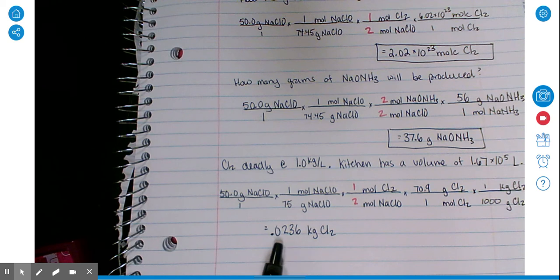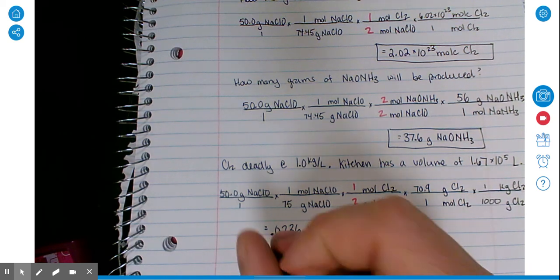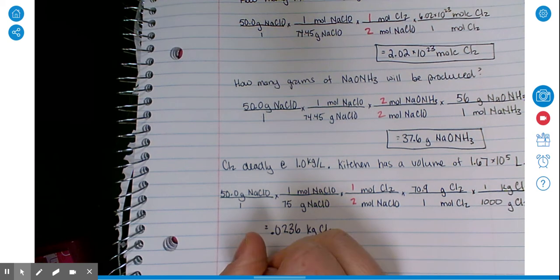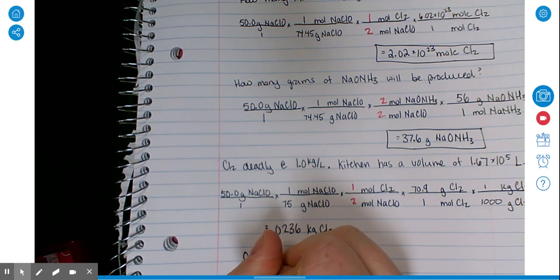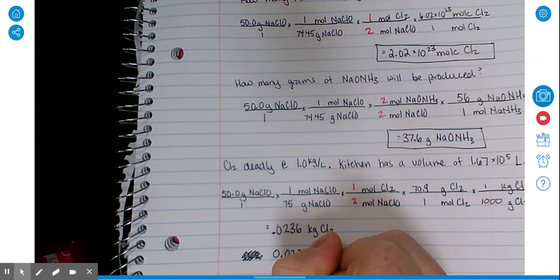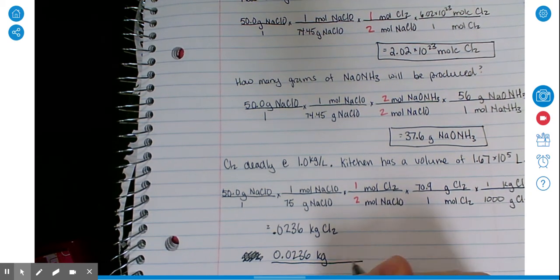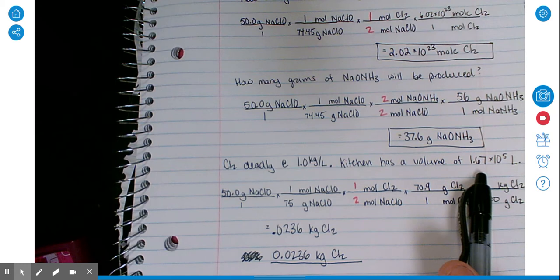Now, I created 0.0236 kilograms in this volume of space. So take your kilograms, divide by your volume of your kitchen.